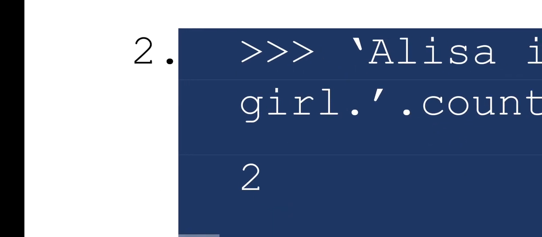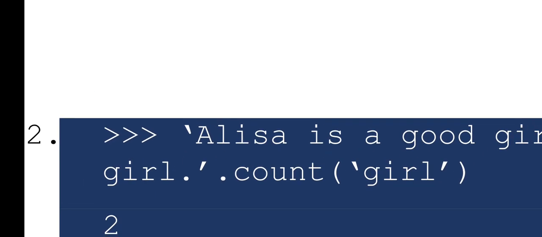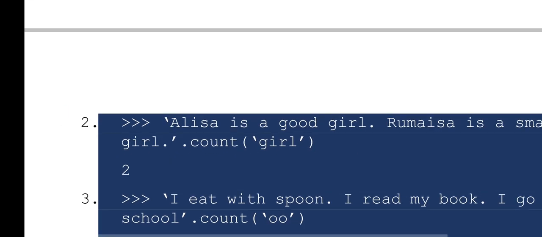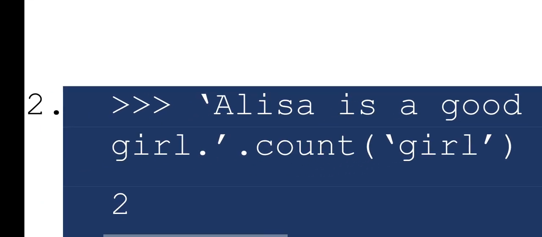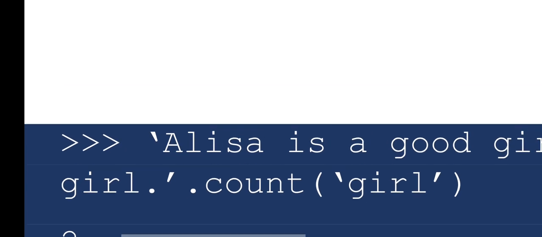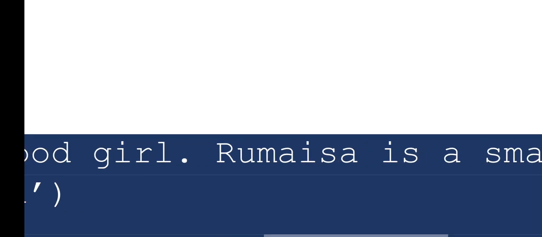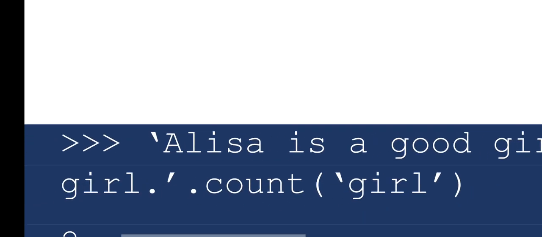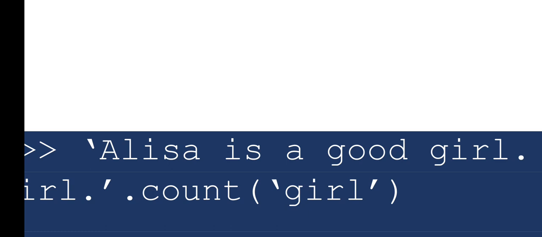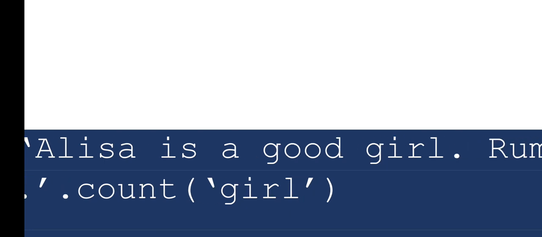Let's look at example 2. We have a string of 2 sentences: Alisa is a good girl. Rumaisa is a smart girl. Dot count, and what we have as the argument is girl. We want to count the number of girl in the 2 sentences.